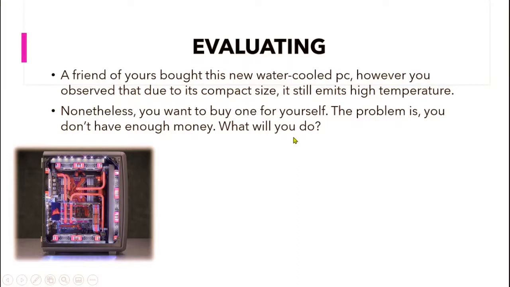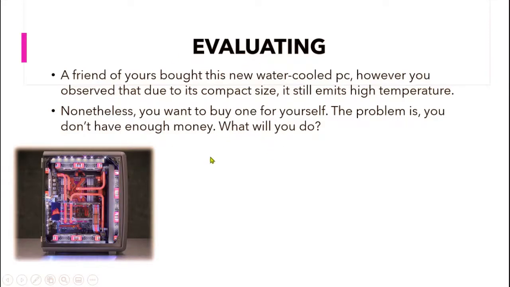What will you do? The evaluating or the thinking here would pertain to having the knowledge of the basic parts of a computer, understanding the uses and functionalities of the parts of the computer, and having the basic knowledge of being able to assemble and disassemble a system unit, and then the analyzing, wherein you were able to reflect on the things that you did wrong and the things that you should improve.